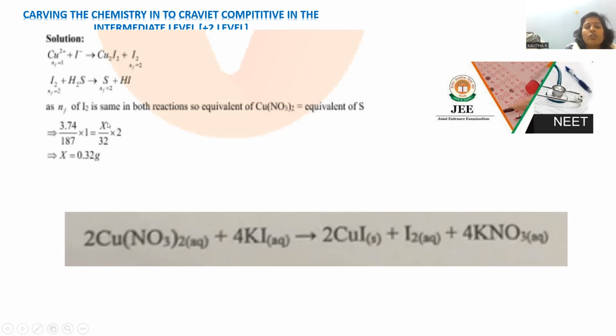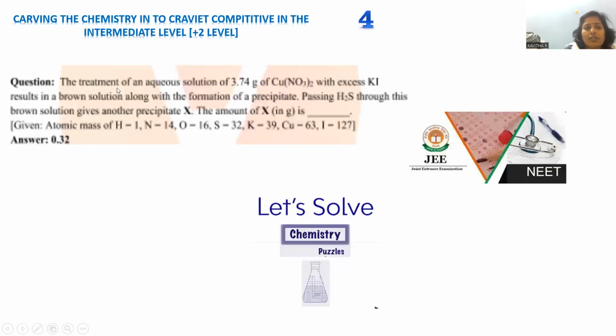So whose weight is to be determined? Weight of the sulfur is to be calculated. Atomic weight of the sulfur is given as 32. Atomic number is 16. Atomic weight will be 32, which can be multiplied by 2. So if you go with this calculation, X can be predicted. X value is given as 0.32 grams. This is the way to solve the problem.